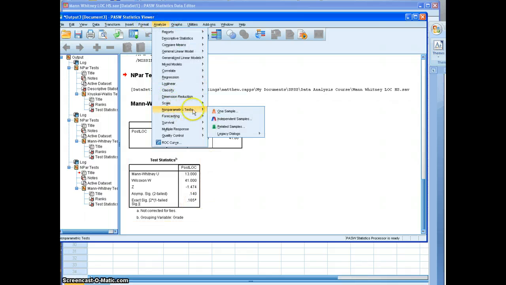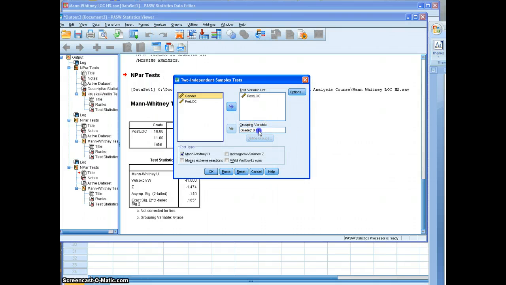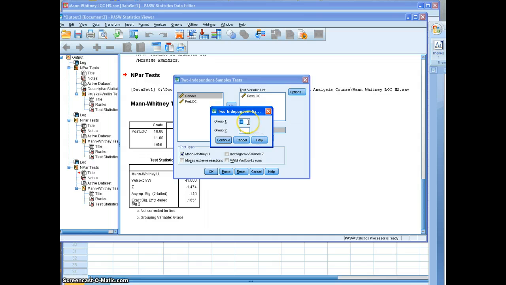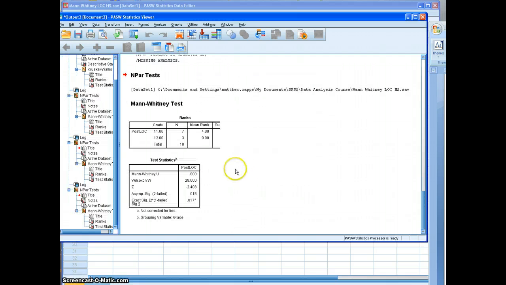Run it again. I'm still looking. Grades 11 and 12. There it is. That's where the difference is between grades 11 and 12. And if there's a difference between those two, more than likely there's a difference between like grade 12 and 9. That's one way to do this.